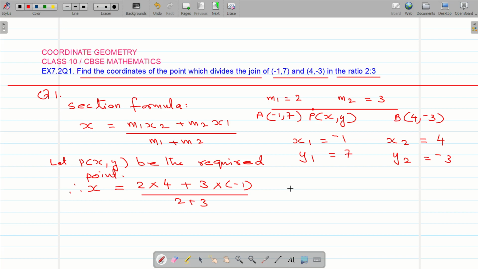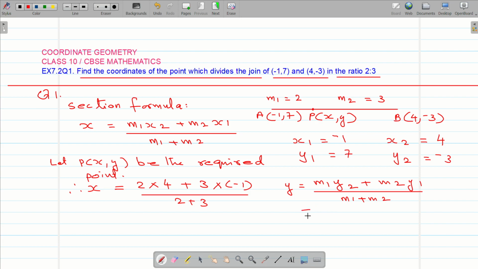And y is equal to m1 y2 plus m2 y1 upon m1 plus m2.